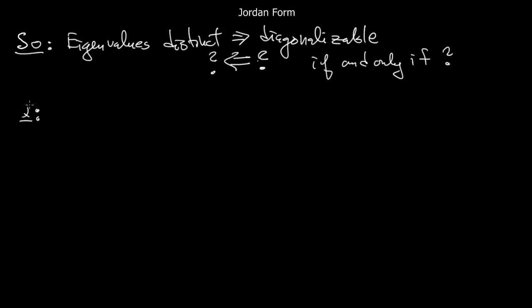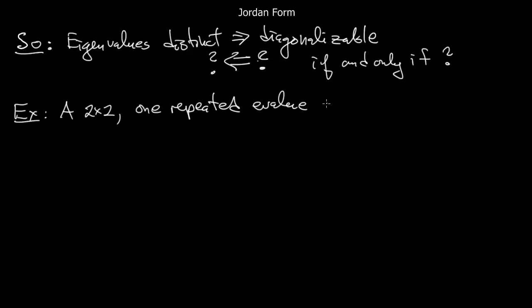Well, here's an example. Take A to be a 2 by 2 matrix, and suppose it just has a single repeated eigenvalue, say 3. So that is to say 3 is a repeated root. Is A diagonalizable?